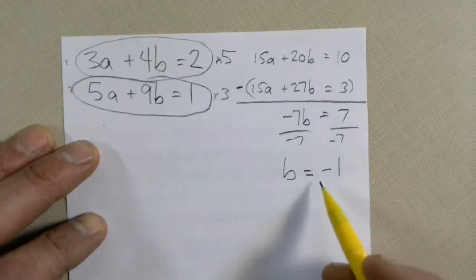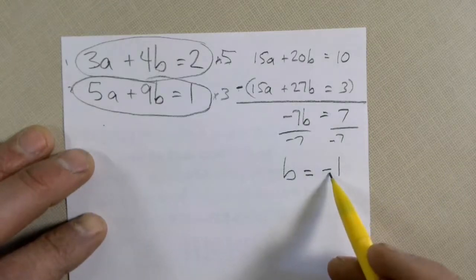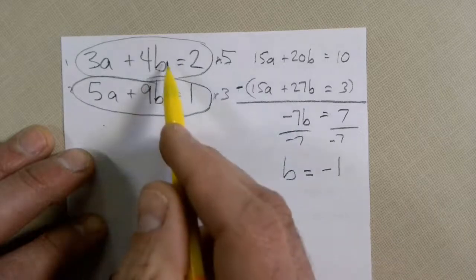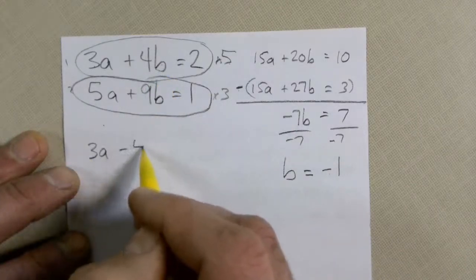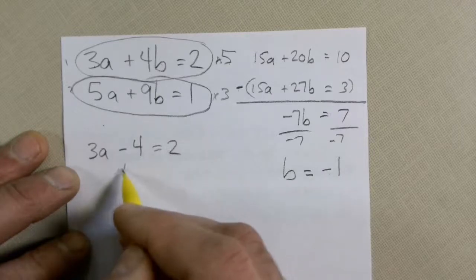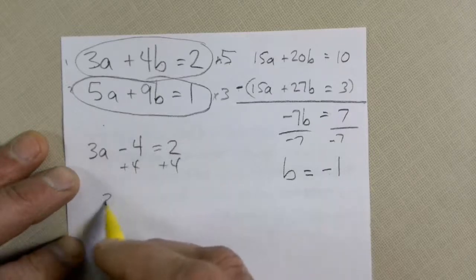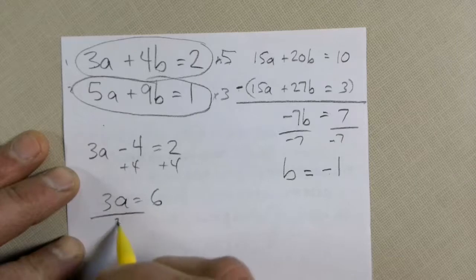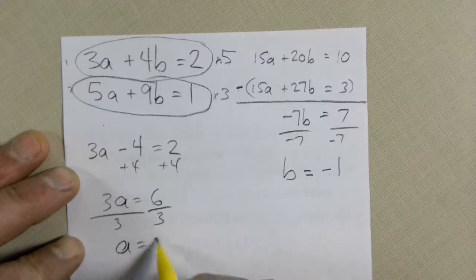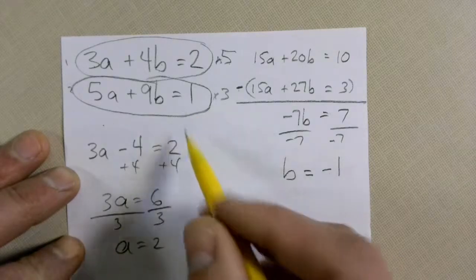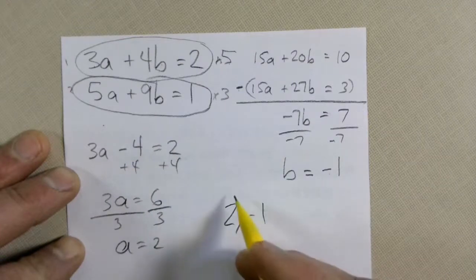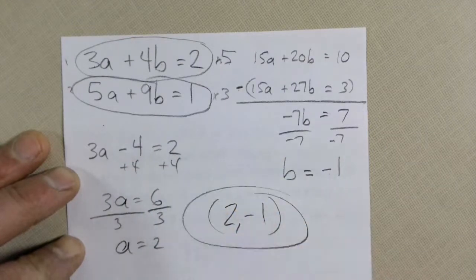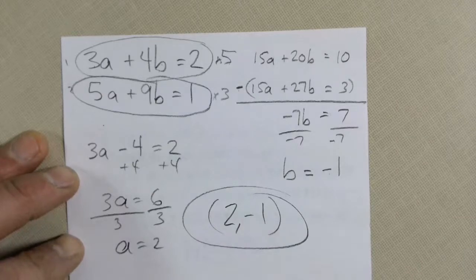Then we take negative 1 and substitute in for b here. And so I'll have 3a minus 4 equals 2. Plus 4 both sides. 3a equals 6. Solve for a equals 2. So this system of equations has as its solution set the point 2, negative 1. There's my answer.